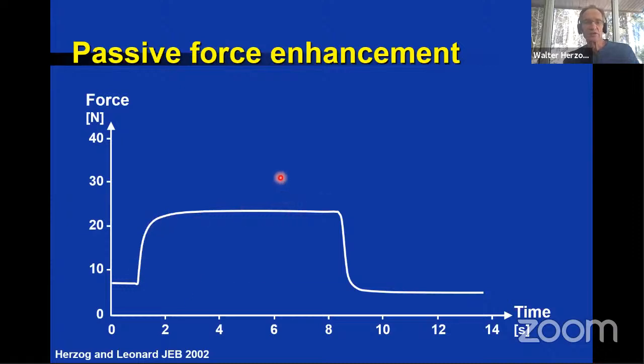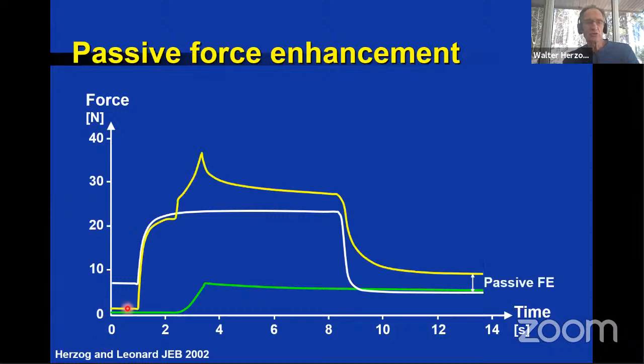This is active force. If we stretch the muscle passively from the short length to a long length, we get about the same amount of passive force. However, if we activate the muscle at the short length and then stretch it to the long length, we get the force enhancement that we expected. But when we then deactivate the muscle, we get an increase in passive force that we called passive force enhancement.